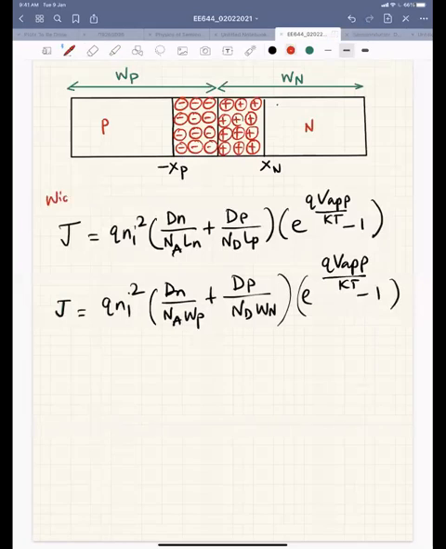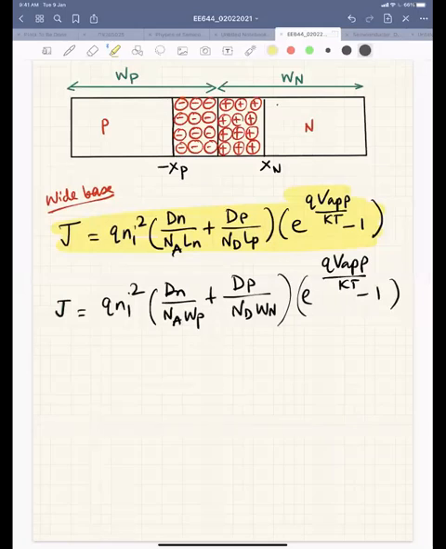For a wide base, your current will be in this form: q n_i squared (Dn/(NA Ln) + Dp/(ND Lp)) times e to the power qV/kT minus 1, right?